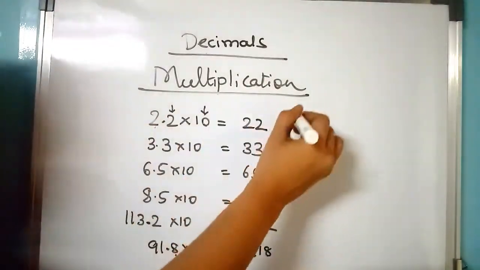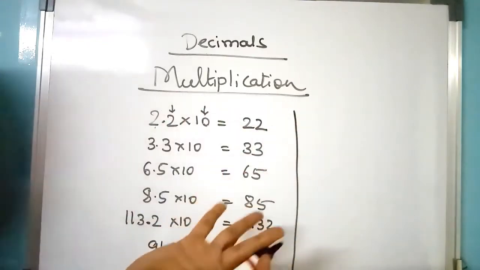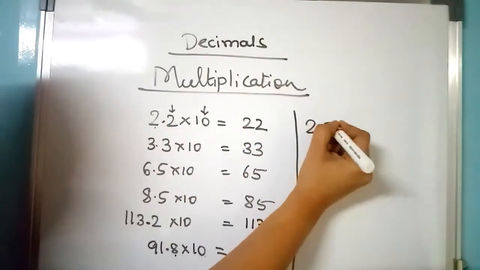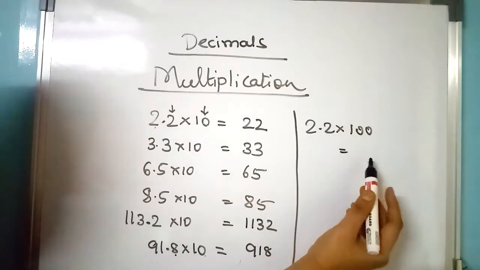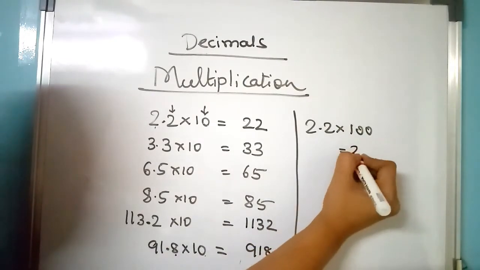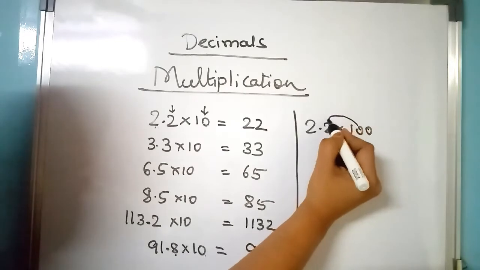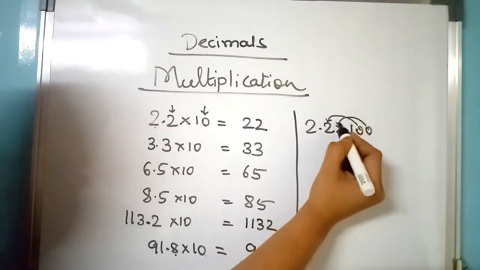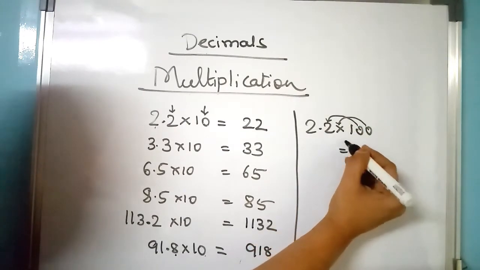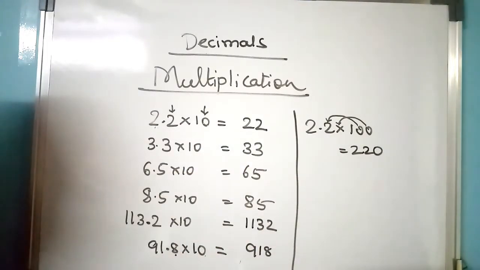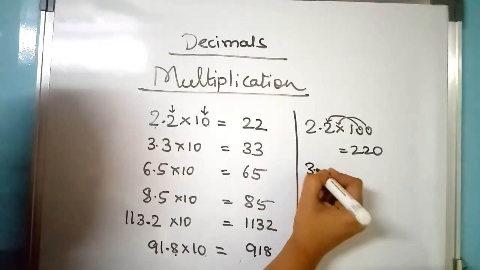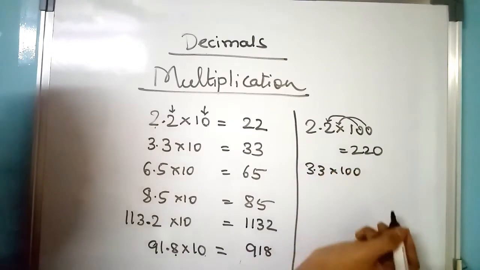Now let us see what happens when we multiply the same numbers by 100. 2.2 into 100, what will it give you? So it will give you 2, and for this one more 0 you have, so 2 and 20. Okay, 2.2 into 100 is 220. Next, 3.3 into 100.